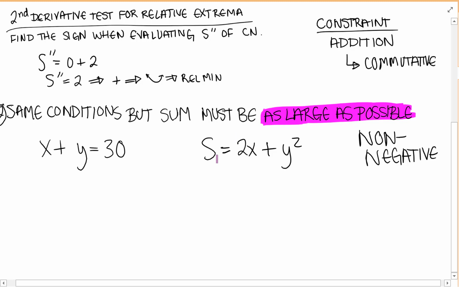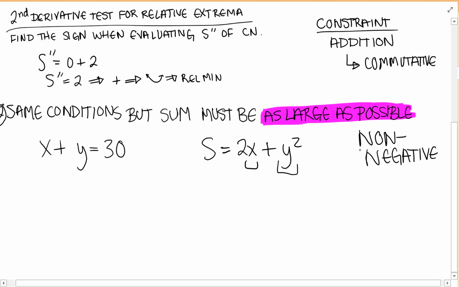But if we can make it as large as possible, we can look at this more logically. X plus y equals 30. One of the variables is being multiplied by 2, and one of the variables is being squared. So I want to get the largest sum possible. I want to square the largest number because squaring something grows way quicker than just multiplying it by 2.